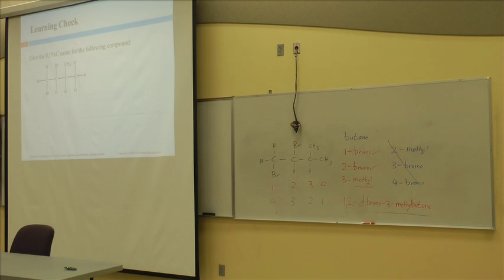The reason is there's a redundancy built into the naming system. The 1,2 tells you there's one substituent on carbon 1 and one on carbon 2. But then you say dibromo, because you're telling the reader there's 2 bromines. It's redundant, but it has to be there.